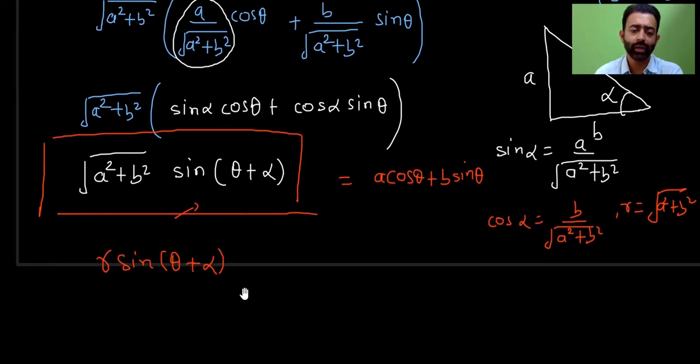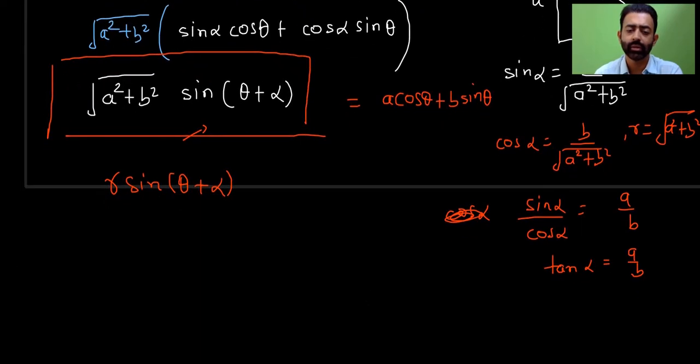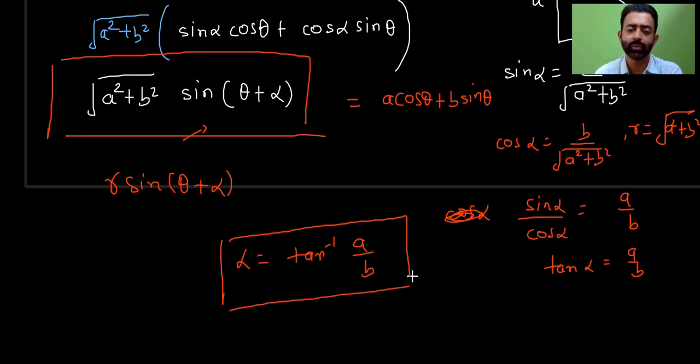And the value of alpha you will obtain by dividing B by A. Okay, as sine alpha is A upon the square root of A square plus B square, and cos alpha is B upon the square root of A square plus B square, if you divide sine alpha by cos alpha, you will get A upon B, which is nothing but tan alpha, equal to A upon B. That means alpha here will be tan inverse A upon B, and you will take alpha as the principal value.